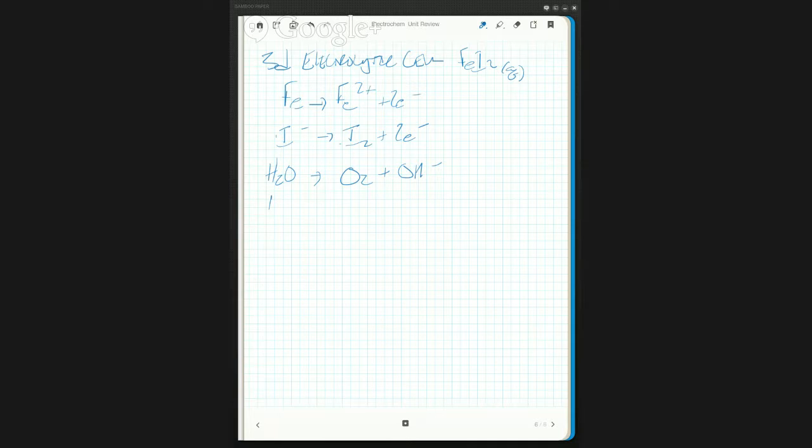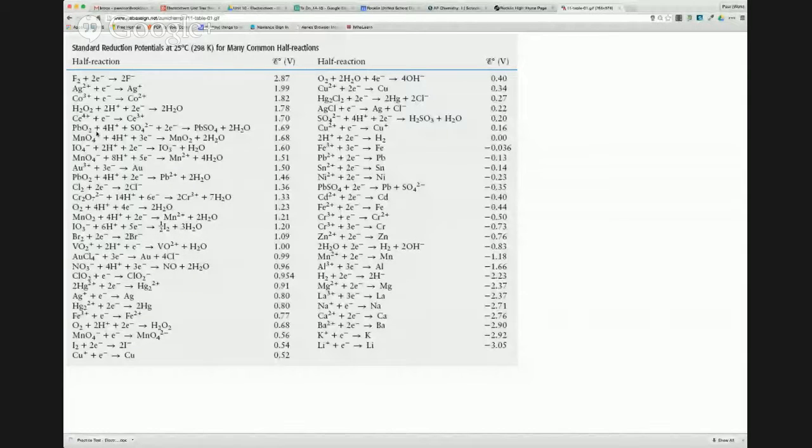So let's take a quick look at our redox potential table. And so you're looking for oxidation. So it's kind of like whichever one's, well, the reduction happens, it's whichever one's highest. Let's just take a look.